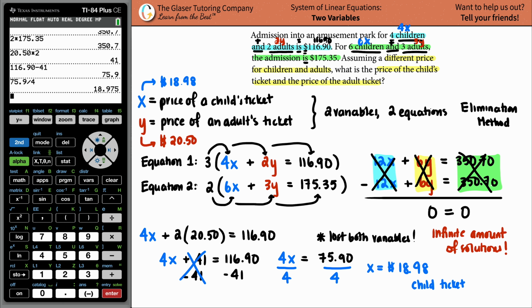And both answers are correct because according to the math, we don't have enough information to know exactly the child ticket and exactly the adult ticket. So for this question, it's up to your discretion. You could have made the adult ticket, I don't know, $15 and see what this was. You could make this $40 and figure out what this one was. So that's the main idea here, and I hope that helps.